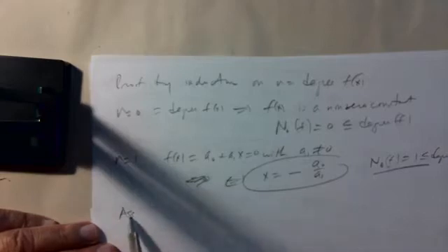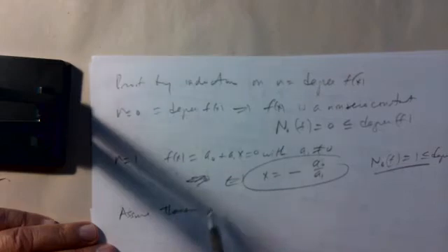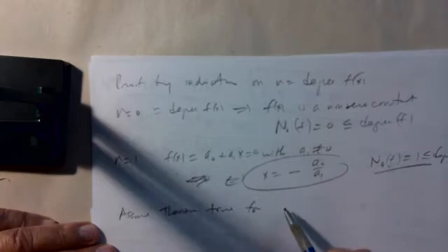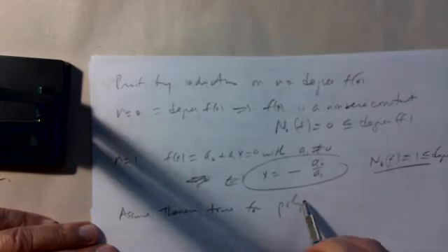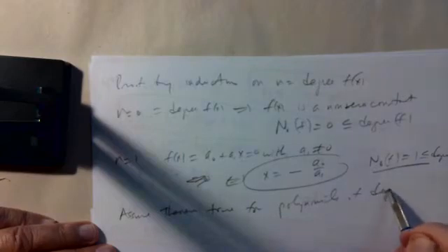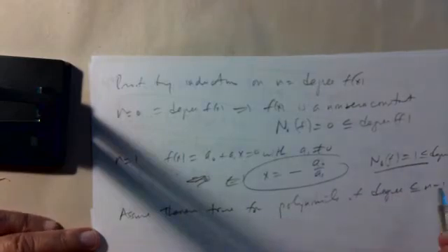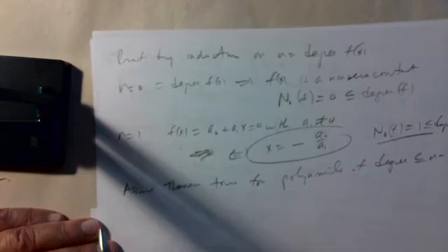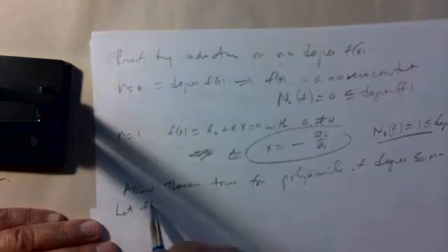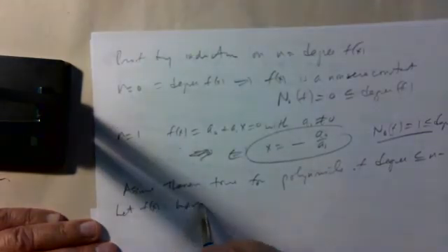So assume that the theorem is true. We're proving this by induction for polynomials of all degrees up to n minus 1, that f of x have degree n.